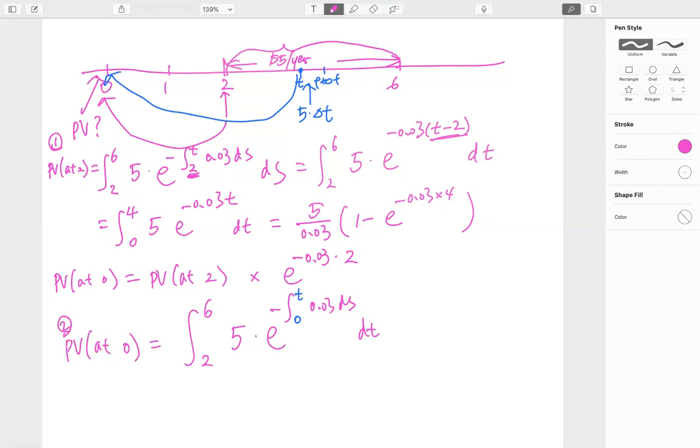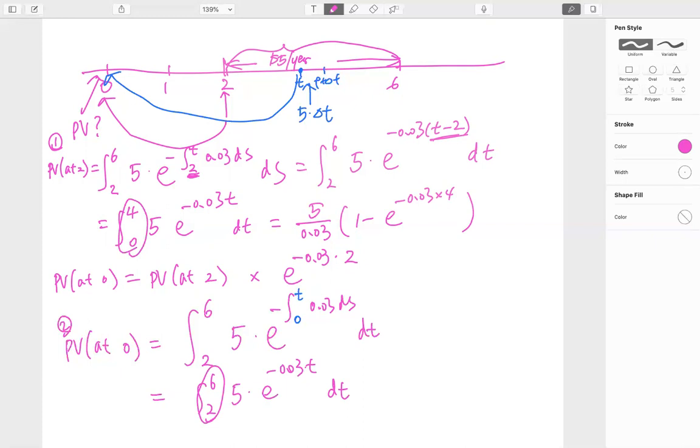Then you can see, it's the same thing, right? Because here it's for t dt. When you plug in everything, you have an additional discounting factor now.